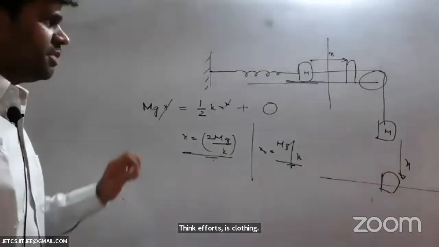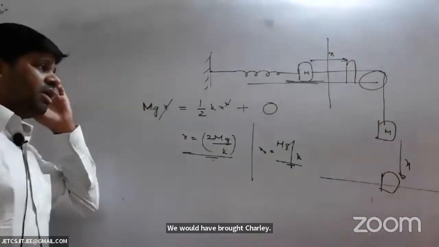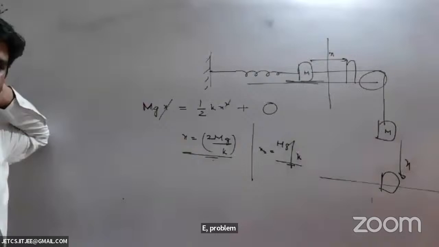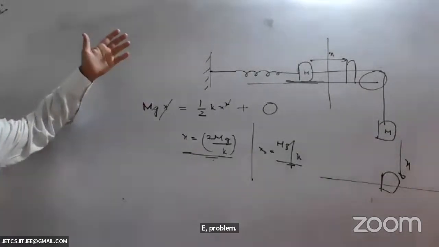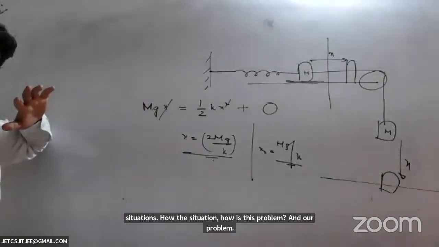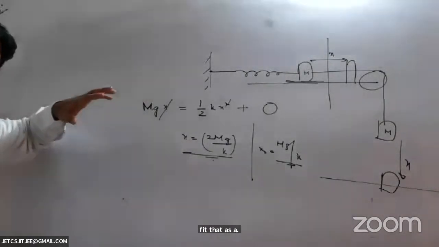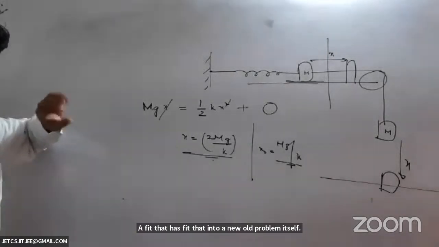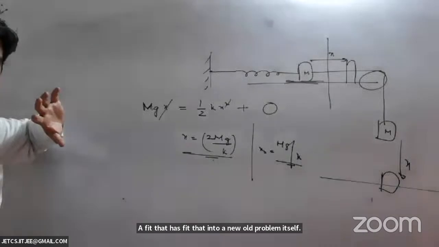And we have to spot the similarities between problems. What is the graphical similarity? How is this problem similar to an old problem? If a new problem is given to us, how can we fit it into an old problem itself? To recognize patterns we have to do some graphical analysis, and then all those patterns will become clear.